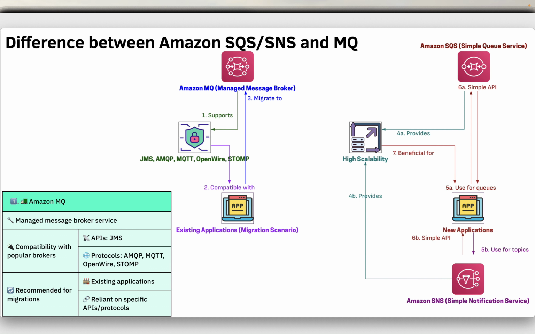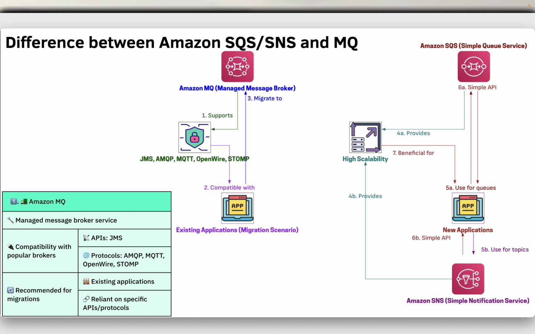So one thing is the difference between Amazon SQS, SNS, and MQ. SQS and SNS also have similar features and technology, but let's see what the differences are. So first one is Amazon MQ, which is a managed message broker service that offers compatibility with popular message brokers.